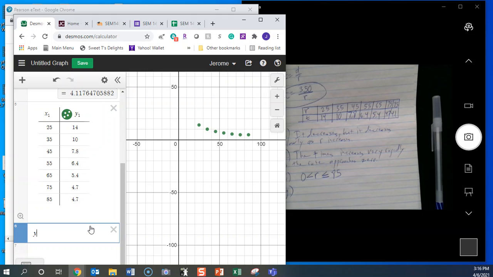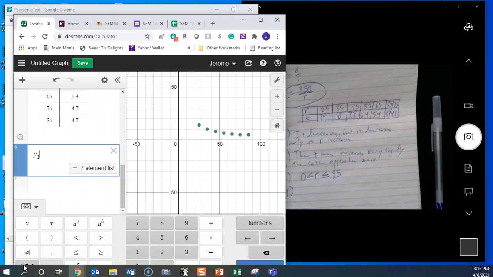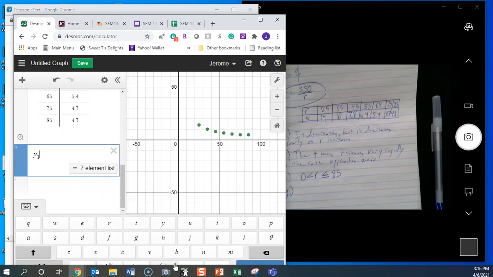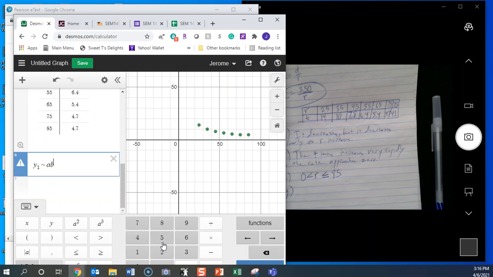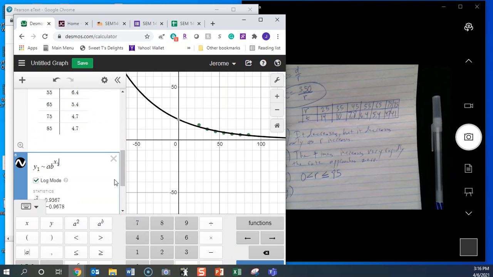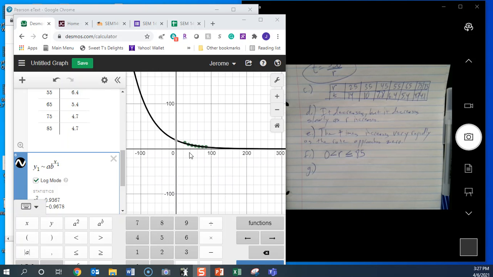We know exponential is y1 tilde a times b to the x1 power, and hit the log mode. Okay. And as you can see, the graph is sketched. So you get a good representation of the graph here. It is an exponential graph.